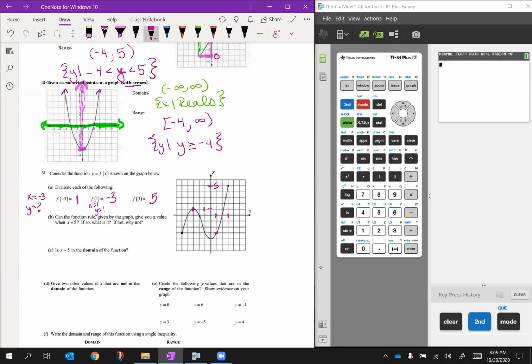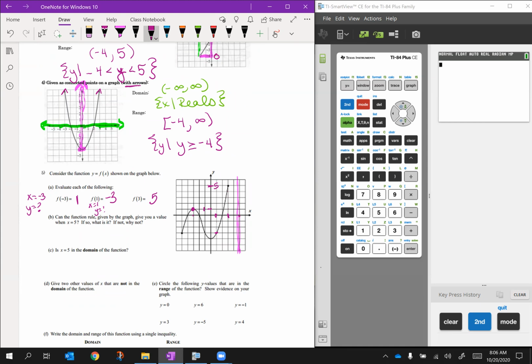Can the function rule given by the graph give you a value when x equals 5? So 1, 2, 3, 4, 5. So I look here on this line. Am I hitting anything? No. So can the function rule given by the graph give you a value when x equals 5?